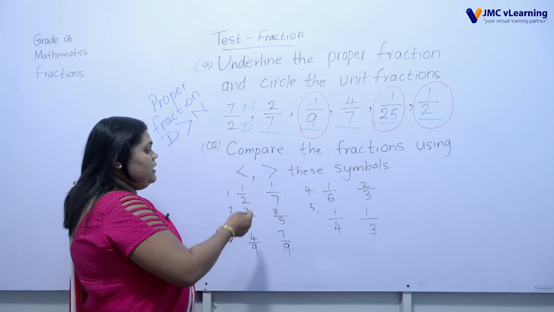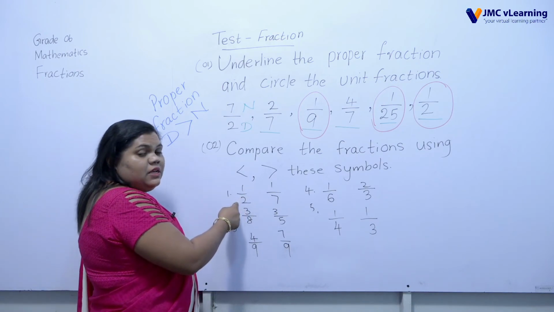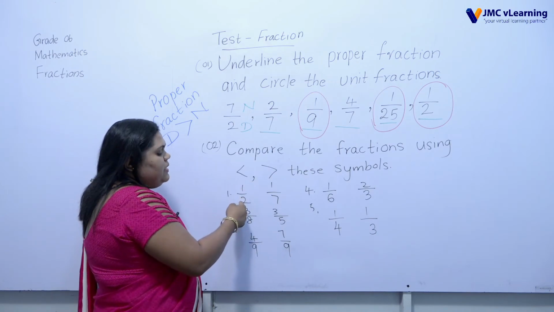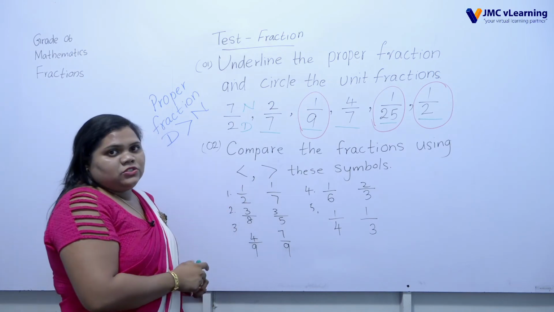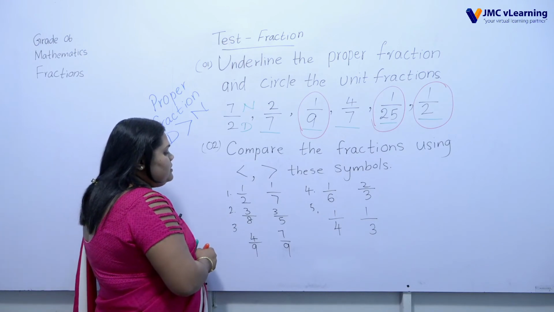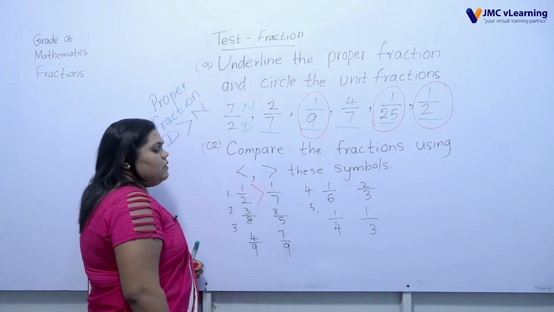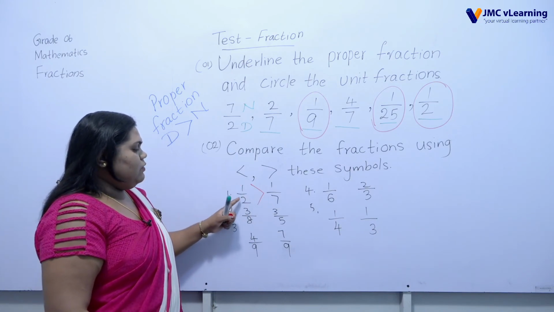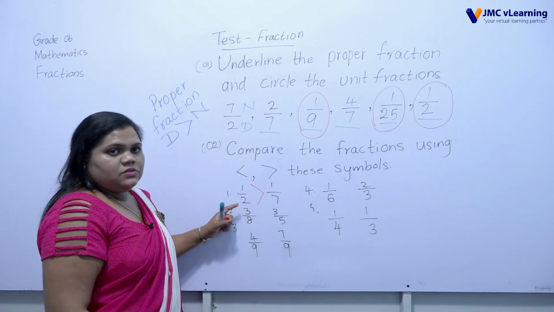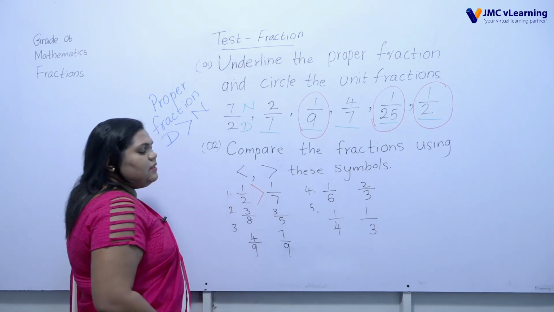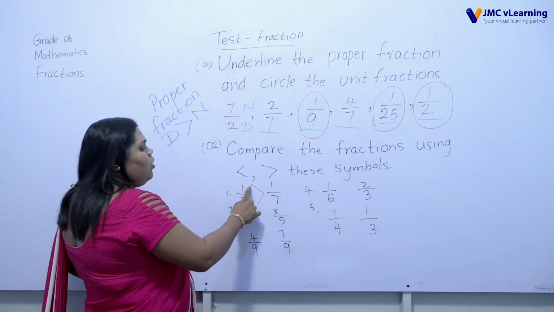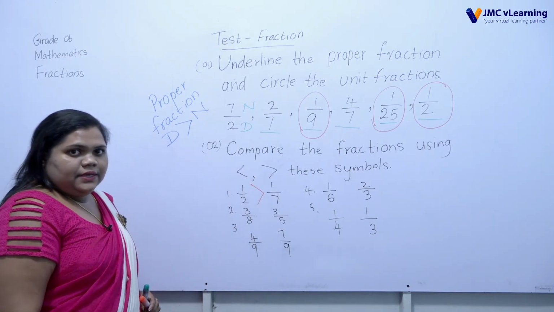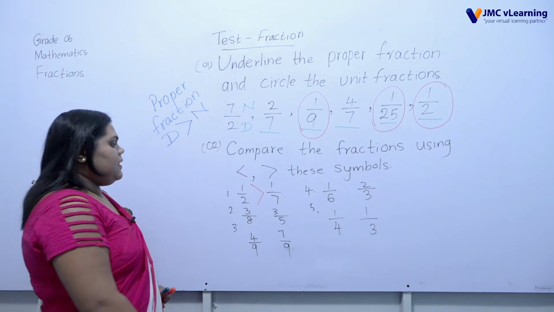A smaller denominator gives the bigger fraction. Small denominator gives the larger fraction. It means 1 out of 2 is the larger fraction. So the open side must be towards 1 out of 2, the bigger one. So you have to put the symbol like that. This open side shows the bigger fraction. Are you clear? Okay. Next one.